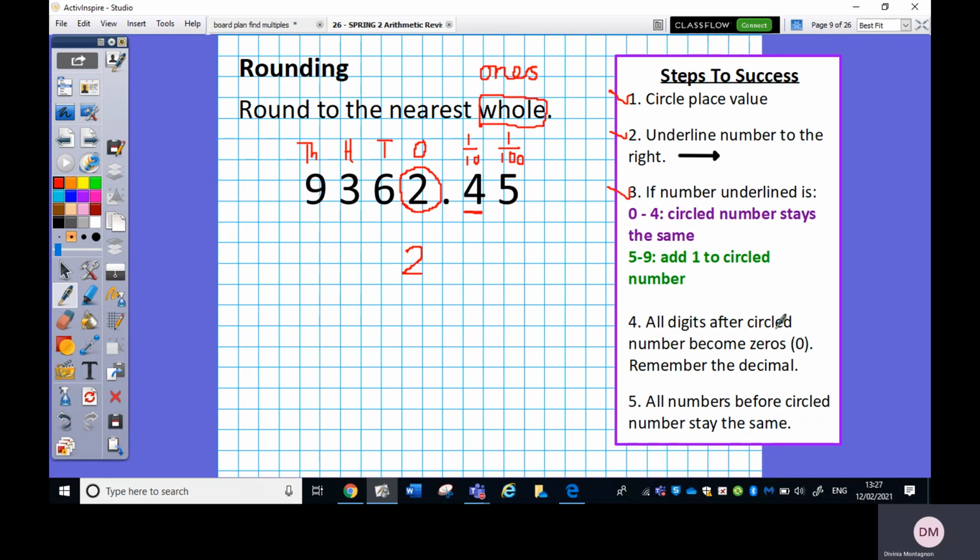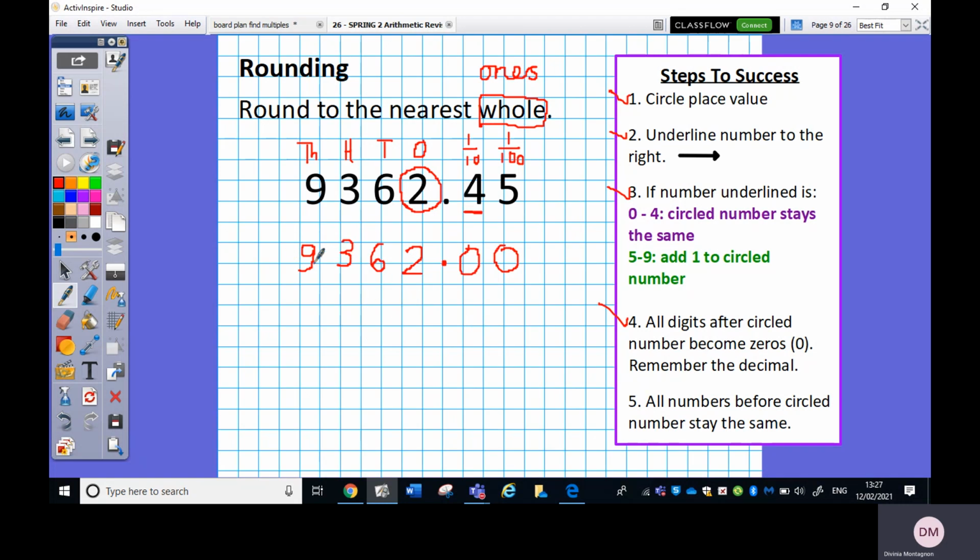Now, all digits after circled number become 0. So my 4 becomes a 0 and the 5 becomes a 0. And I need to remember my decimal. That doesn't change. It stays in the same spot. And all numbers before the circled number stay the same. So the 6 remains a 6, the 300s remains 3, and the 9,000 remains 9.